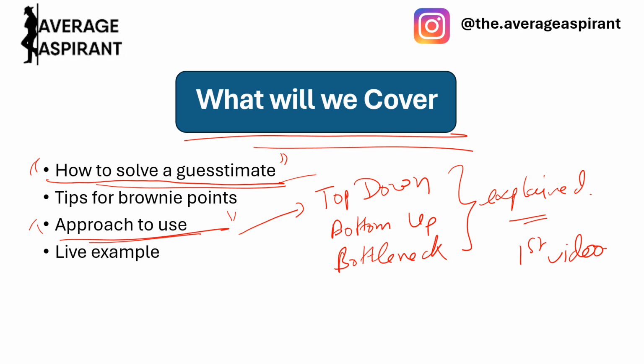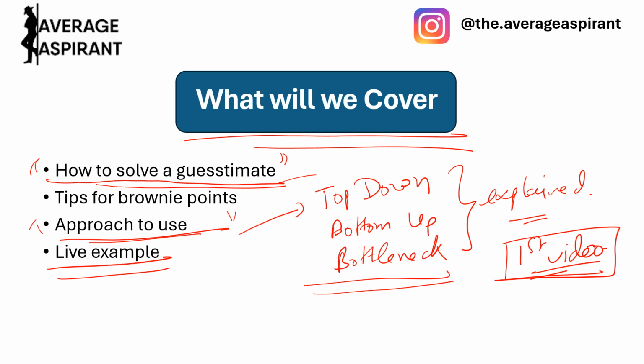In case you want to understand what these are, have a look at the first video, right? We will do an example and I'll also tell you the tips for brownie points. So what does brownie points mean?